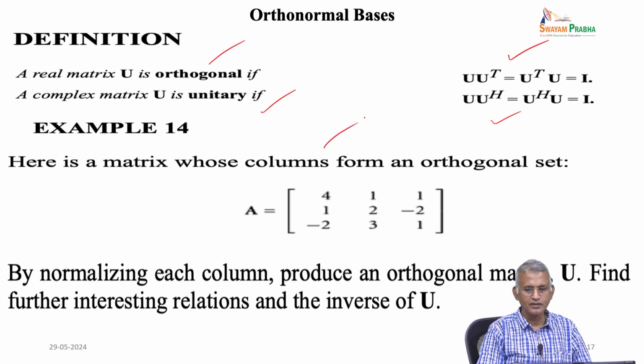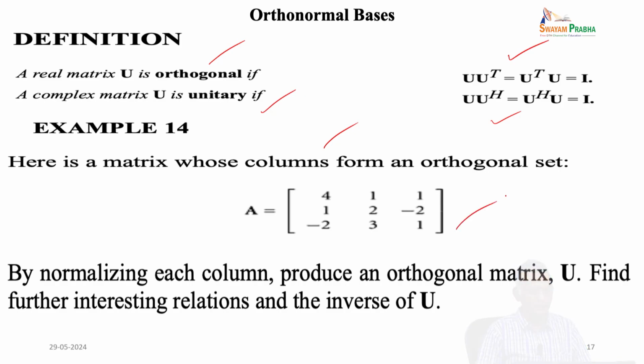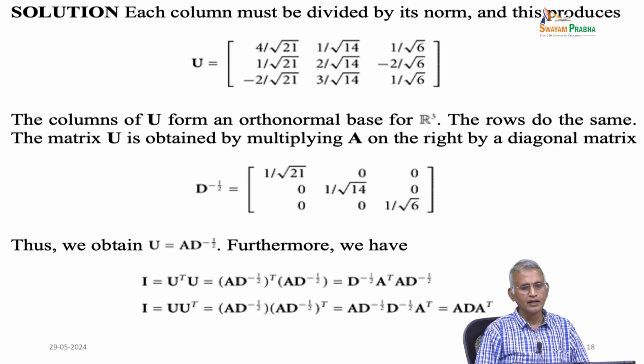Here is a matrix whose columns form an orthogonal set. Let A equal to [4 1 1; 1 2 -2; -2 3 1]. Now, by normalizing each column, produce the orthogonal matrix, find a further interesting relation, and the inverse of U. Each column must be divided by its norm.